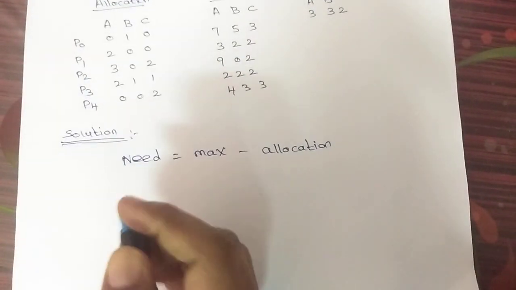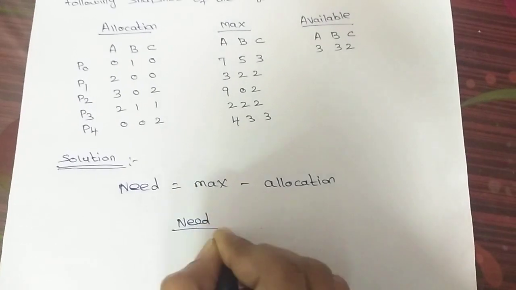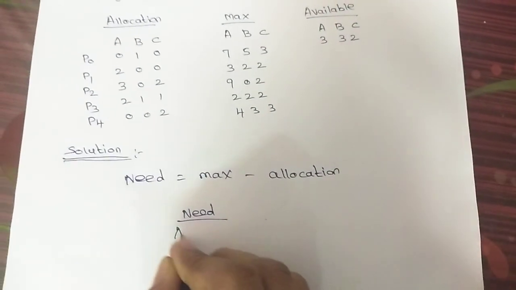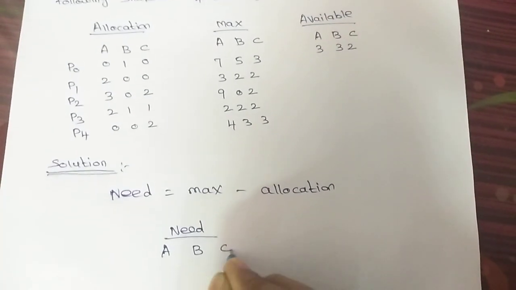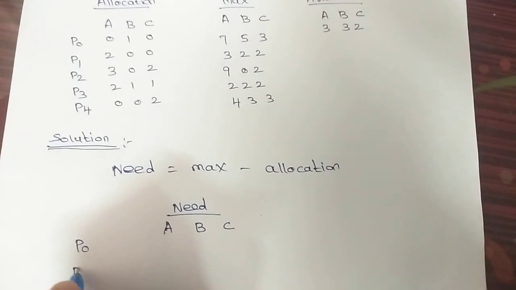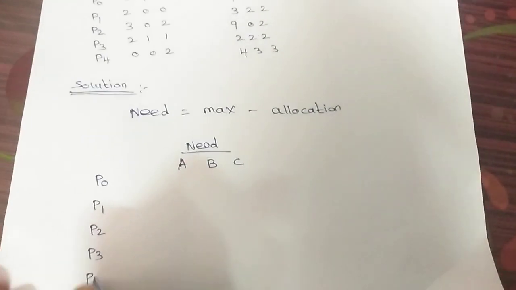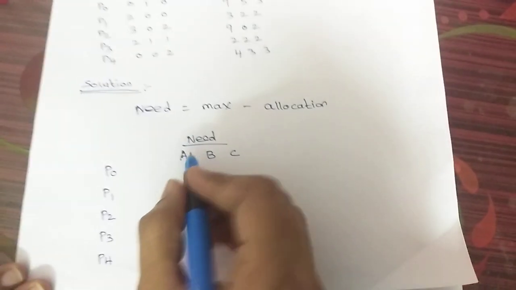Next, you are going to find the need matrix. We have 3 resource types A, B, C, and 5 processes named P0, P1, P2, P3, and P4. Next, you calculate the need for P0.